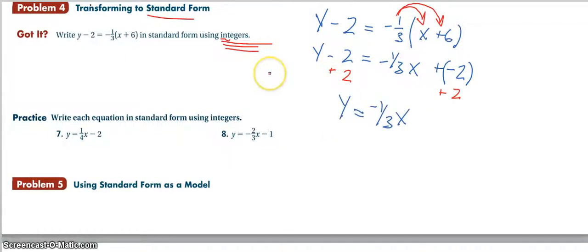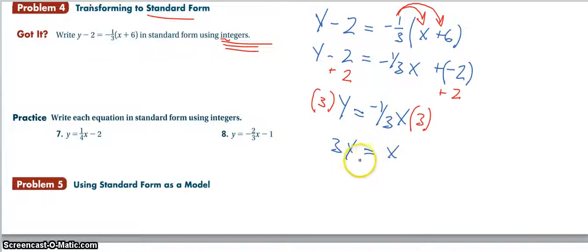So now, since what we're looking for is integers, we ask ourselves, what do I do to this to turn it into an integer? Well, 1/3 you can just multiply by the reciprocal of 3 over 1, and I don't need to worry about the negative right now, and 3 over 1 is really just 3. So we end up with 3y being equal to x, but because we want it in standard form, we want the x and the y together on the same side.